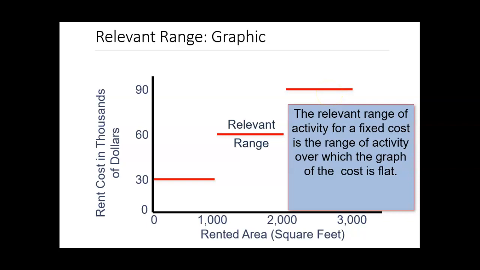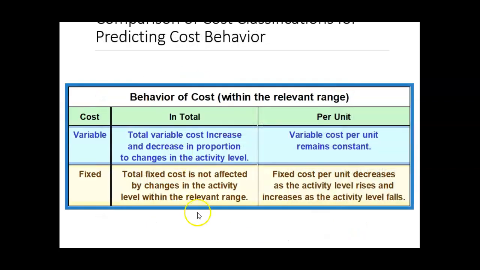So we're saying that fixed cost remains relevant within a certain range. Once that range has been increased, then the total fixed cost amount is going to change. Okay? So just to put things in proportion, we know that total variable cost is based upon the activity level.